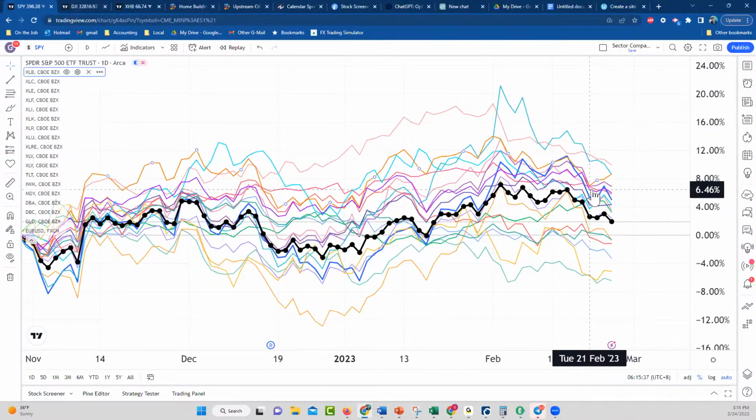If in fact you see inflation, then you see a rise in interest rates to counteract that inflation. And that means that you see the US dollar going up.